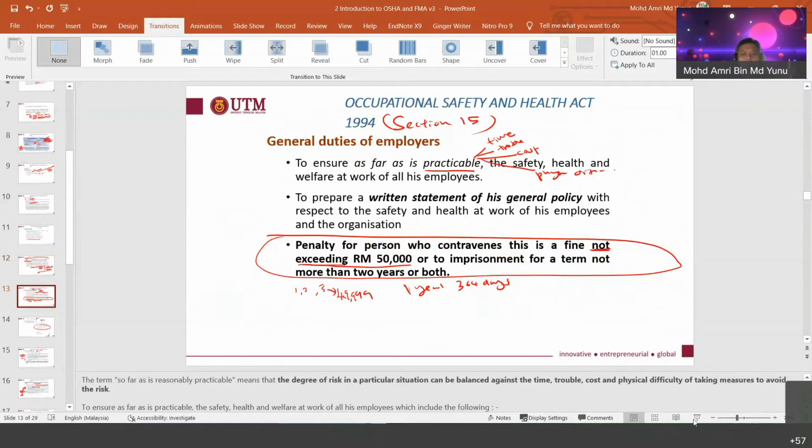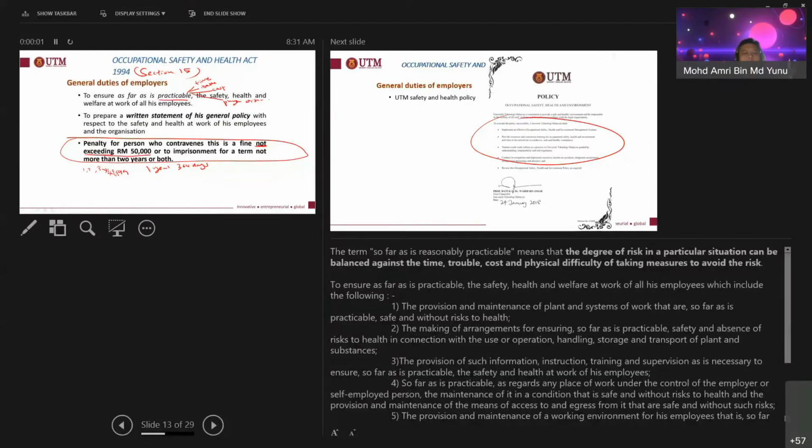So the duties of the employer: to ensure, as far as is practicable, in terms of time, trouble, cost, and physical difficulty of taking the measure.